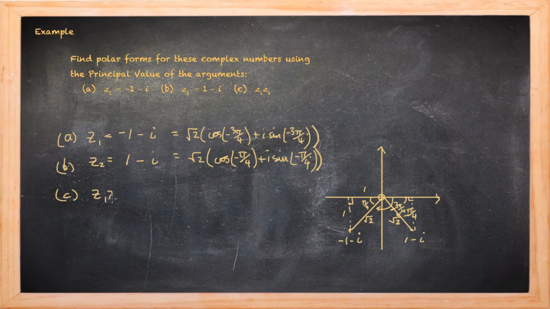So finally we're in a position where we can multiply Z1 and Z2 together. Remember, we multiply the moduli: root 2 times root 2 is 2. And we add the arguments together. So -3 pi upon 4 plus another -1 pi upon 4, that's -4 pi upon 4 for the argument of Z1 Z2.